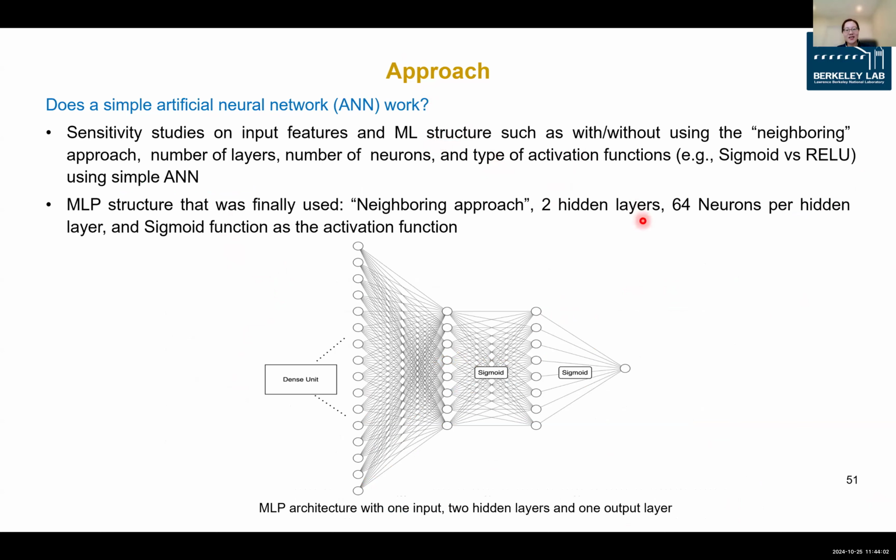So we conducted sensitivity studies on input features and machine learning structures, such as with or without the neighboring approach, number of layers, number of neurons, and type of activation functions such as sigmoid and ReLU. The final structure we use is only 2 hidden layers with 64 neurons per hidden layer and the sigmoid function as the activation function.